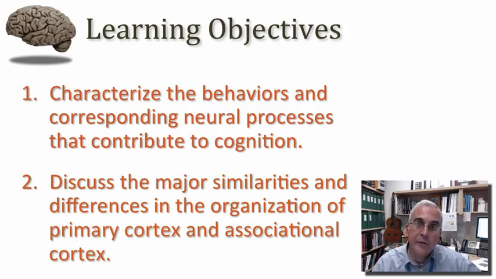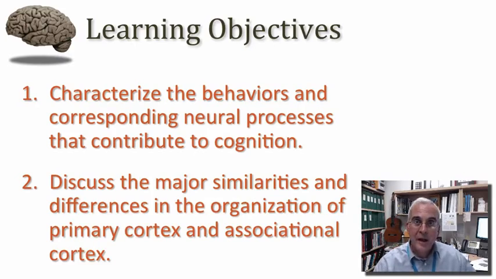And secondly, I want you to be able to discuss the major similarities and the major differences in the organization of what we will call primary cortex, that is primary sensory and primary motor cortex, and the associational cortex.